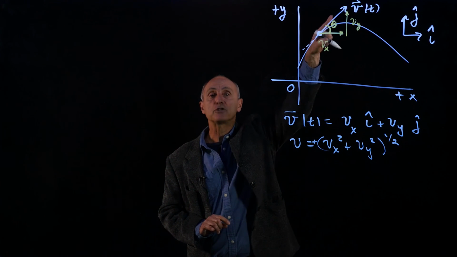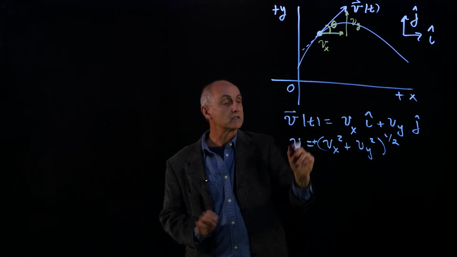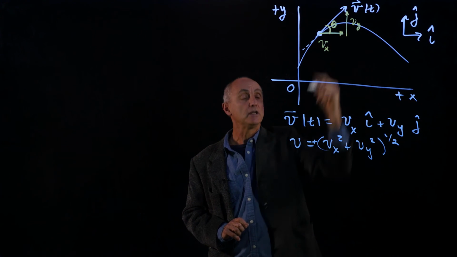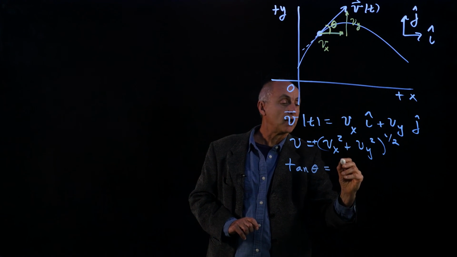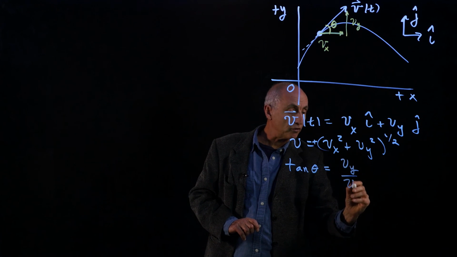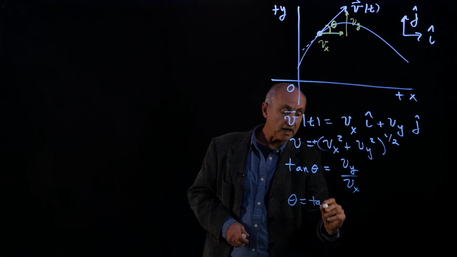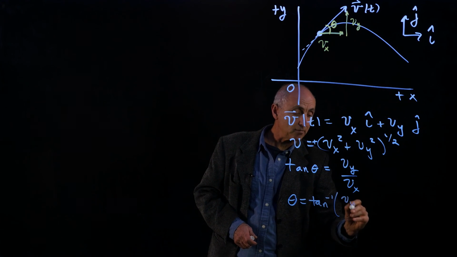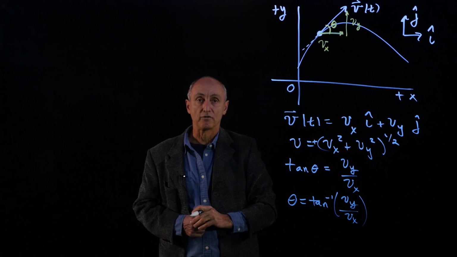And now what about the direction of this vector in the xy plane? Well, we can see from our geometry that the tangent of theta is given by the y component over the x component. Or one could say that the angle theta at this given time is the inverse tangent of vy over vx.